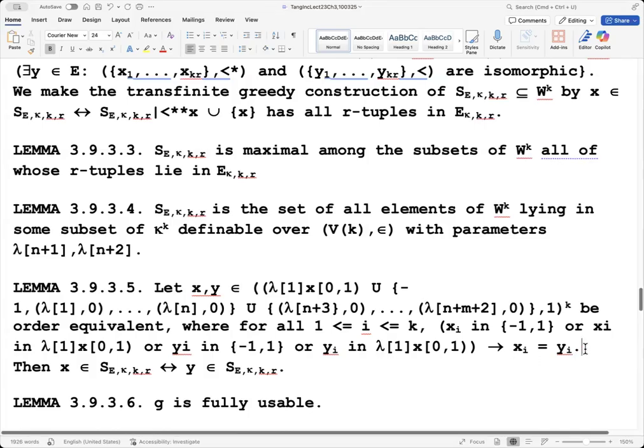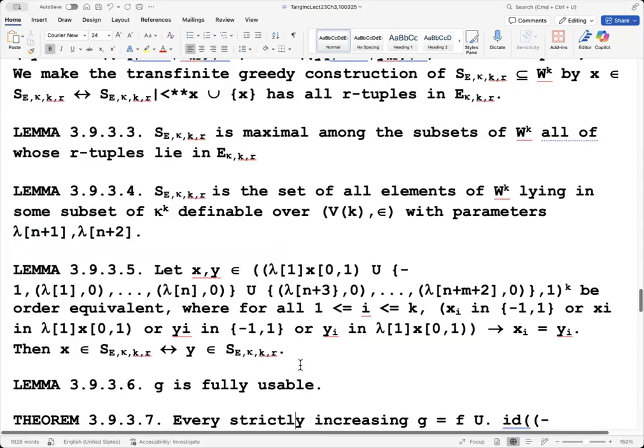All right, that's the hypothesis. Then we get this indiscernibility that X is in here if and only if Y is in there. That's clear from the indiscernibility of I and the fact that we're only using these two parameters to define this set. We can do this because all these indiscernibles are not the same as these.